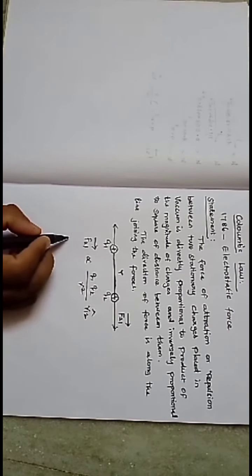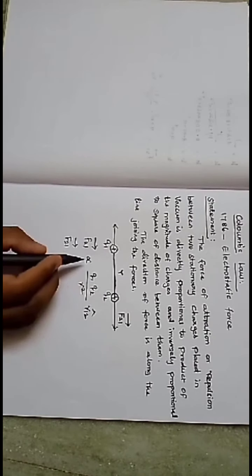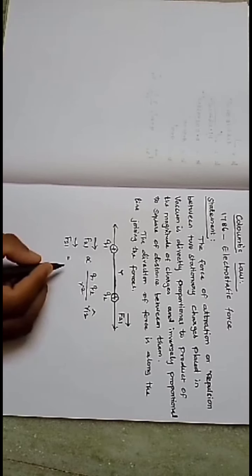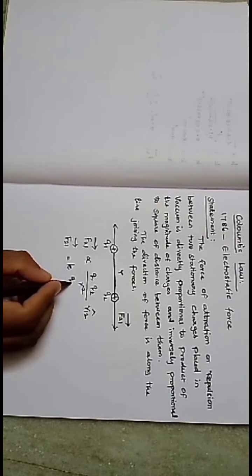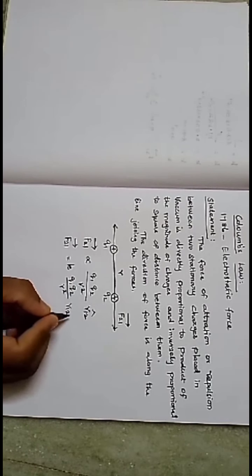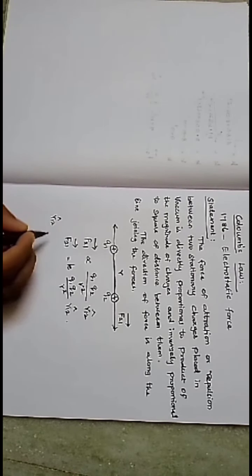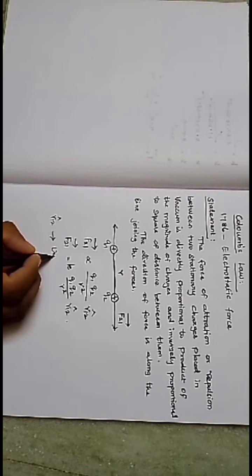So we can write F21 vector is equal to k into q1 q2 divided by r square R12 cap, where k is a constant.